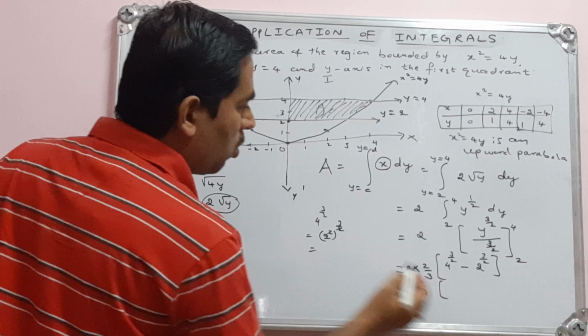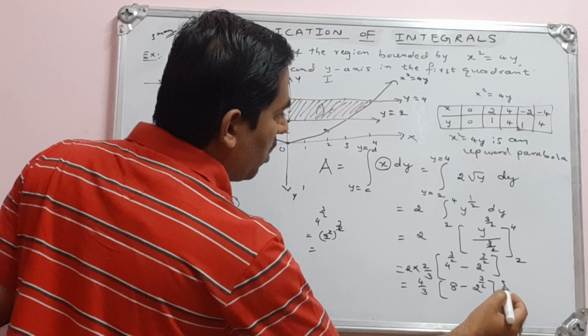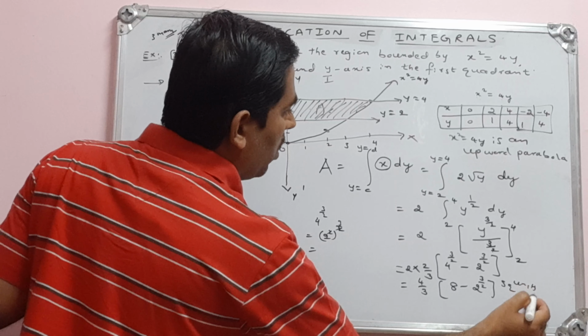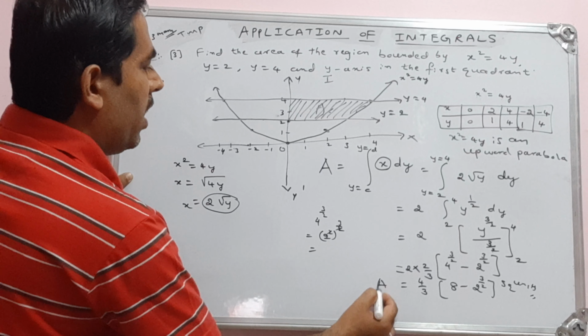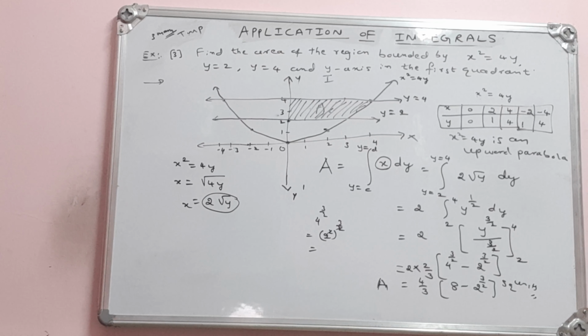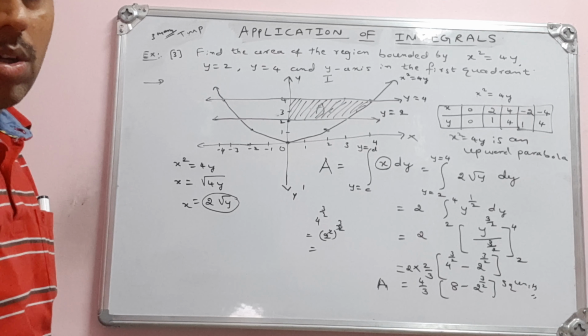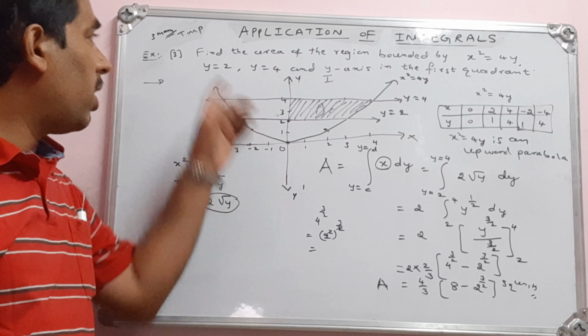Then this 2 cancels, 2 cube means 8. See, 8 minus 2 to the power of 3 by 2 square units. So this is the required area, the area bounded by y-axis and the lines y is equal to 2, y is equal to 4. Okay, this is our third example.